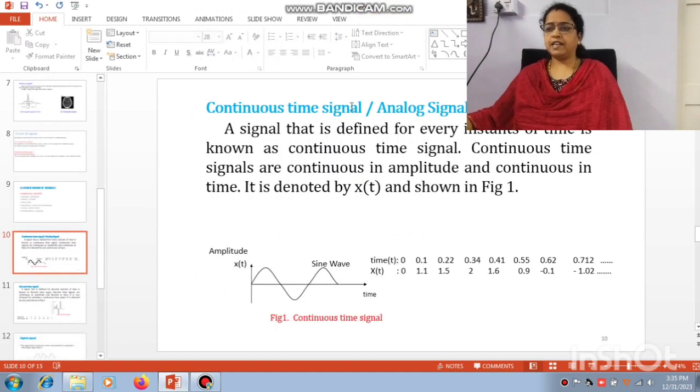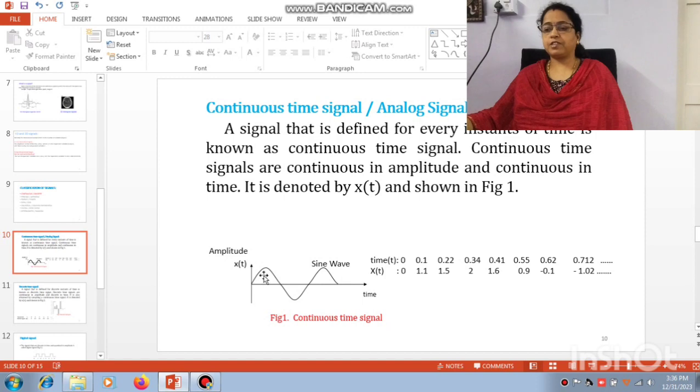Continuous signal, as the name suggests, means the signal is continuous with respect to time, and its amplitude is continuous. You can see here on the x-axis it is time, on the y-axis it is amplitude. At each and every instant of time the signal has some amplitude value, which is not undefined.